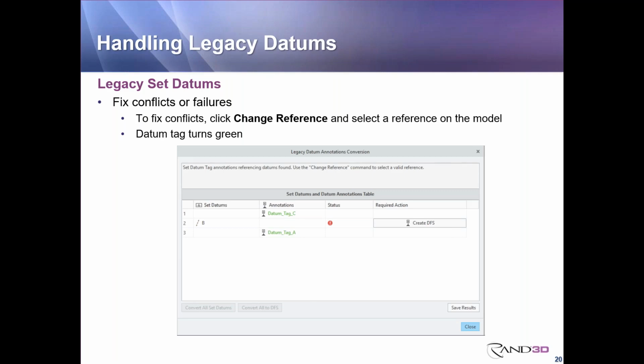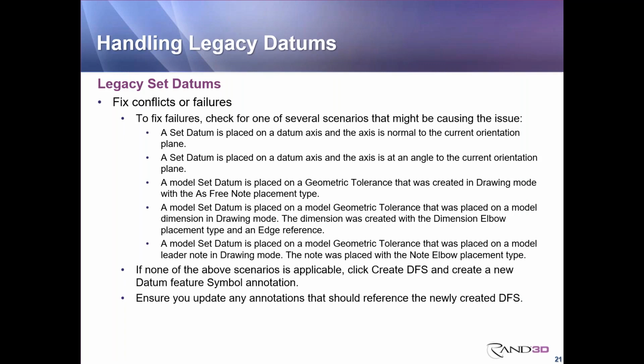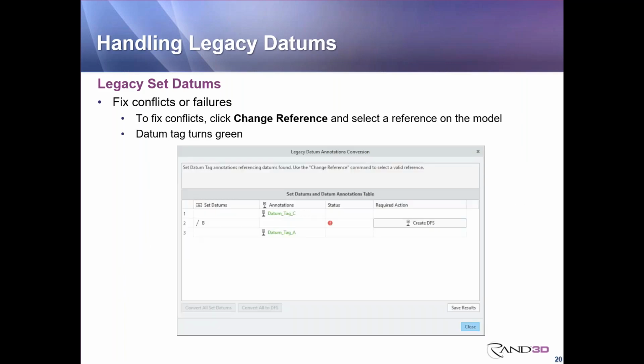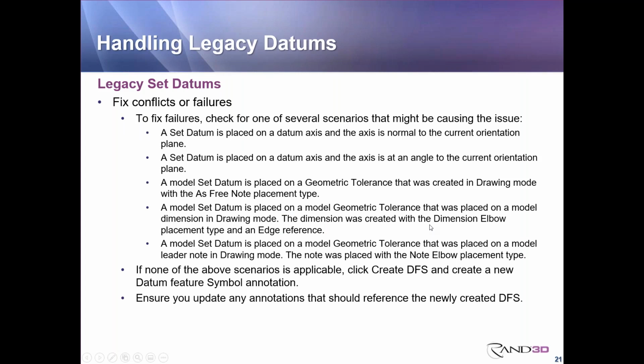From here, when Creo Parametric cannot convert a legacy set datum, and that could be like here in the previous image, a situation rather, you get that create DFS, meaning datum feature symbol, required action symbol. Depending upon the scenario, you might have to go through a specific set of steps to fix the problem.